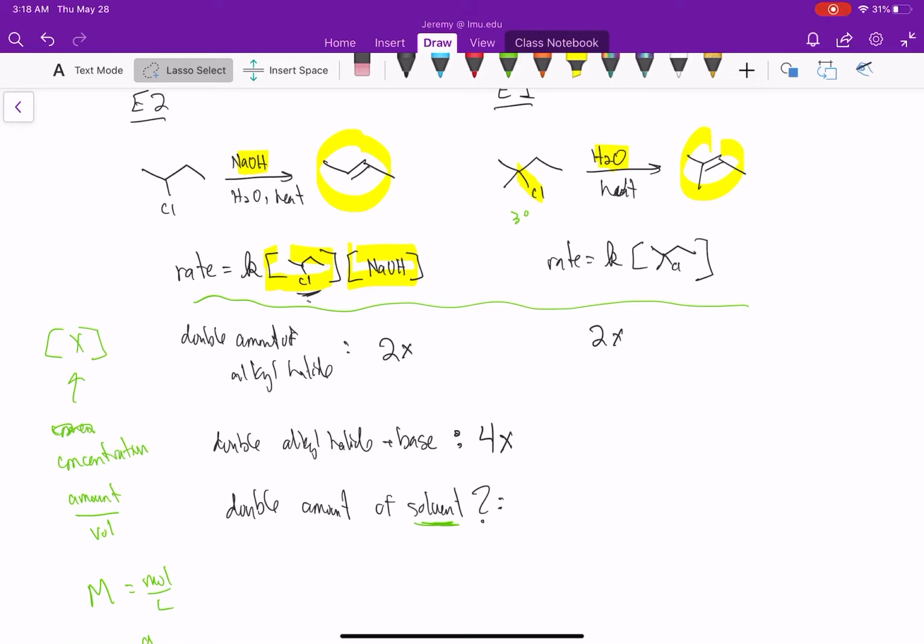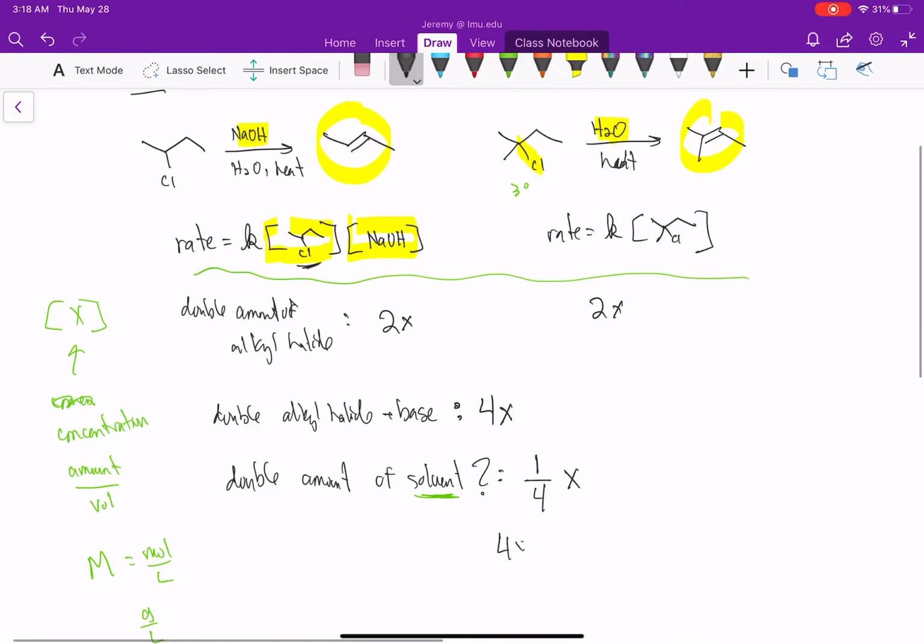In the E2, the solvent affects the concentration of the alkyl halide and it affects the concentration of the base. So this reaction would be 1/4 of the speed, so it would be 4 times slower.